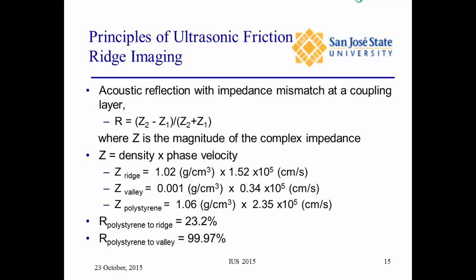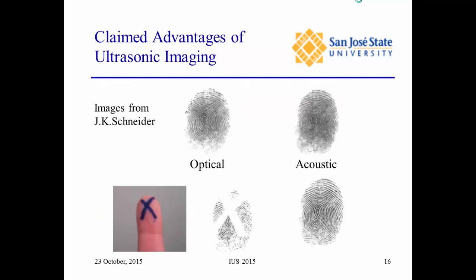And you can come up very easily with these reflection coefficients of about 23% when a finger ridge sits on a polystyrene substrate, and about 99.97 or 100% reflection when a fingerprint valley sits on a polystyrene substrate. So you can see that if we were to measure the reflection coefficient, we could tell very easily the difference between a ridge and a valley when placed against a flat polystyrene substrate. And that's the principle upon which these systems work.